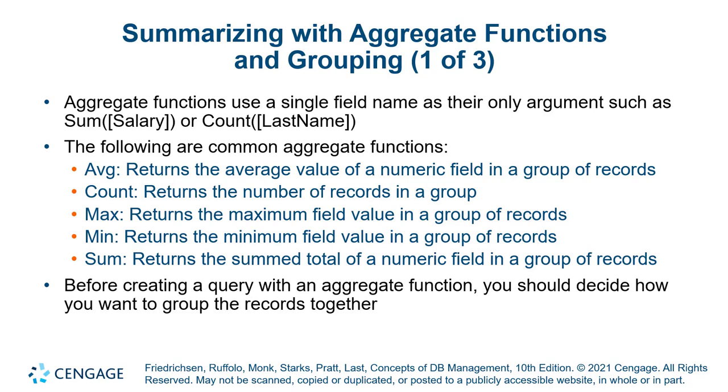Count is going to give you the number of entries that are in that field, essentially the number of records. Max is going to look at the values and give you the highest one. Min is going to give you the lowest one. And sum is going to give you all the values added up together.